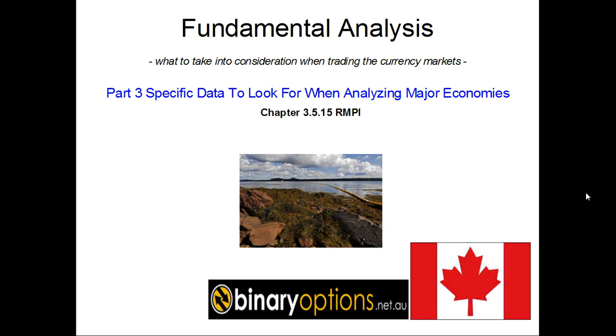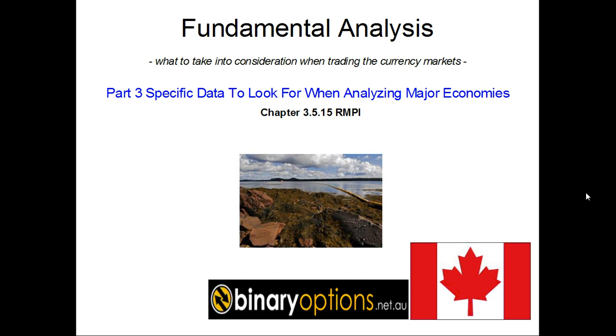The next and last indicator we're going to take a look at when interpreting the Canadian economy is the RMPI, which stands for Raw Materials Price Index. Why did I choose to take a look at this index? Because the Canadian economy, like the Australian economy, is influenced by raw materials and commodity prices.